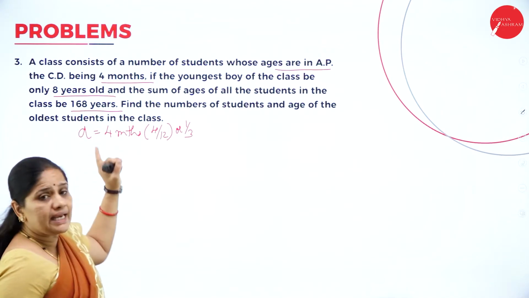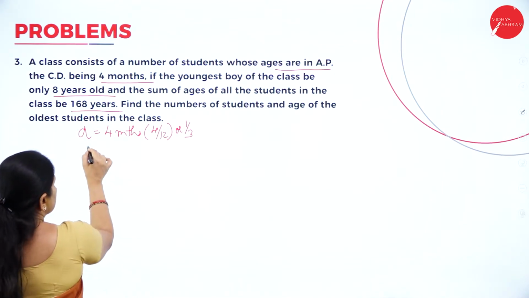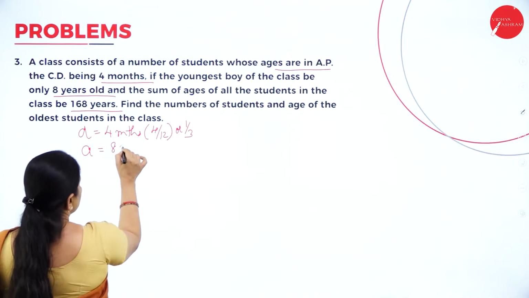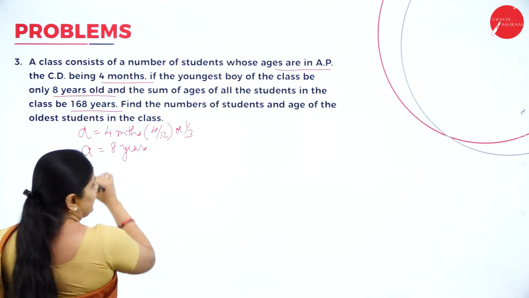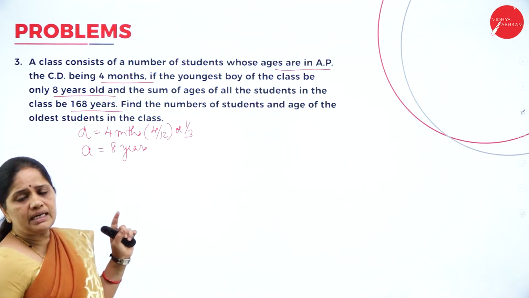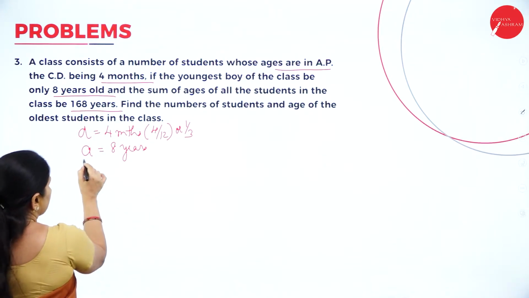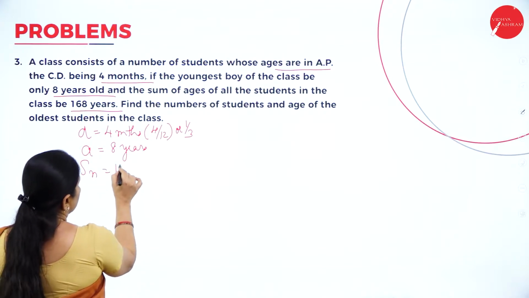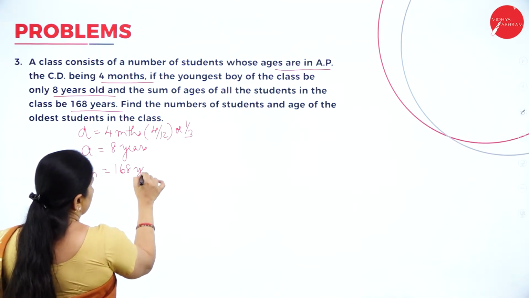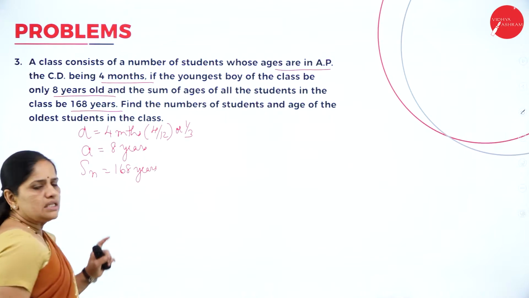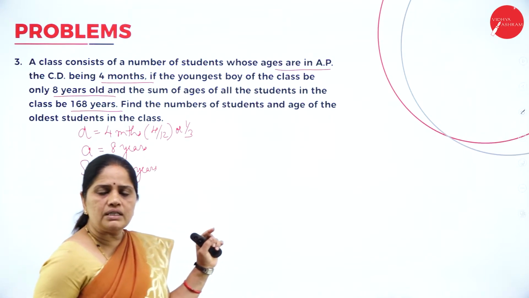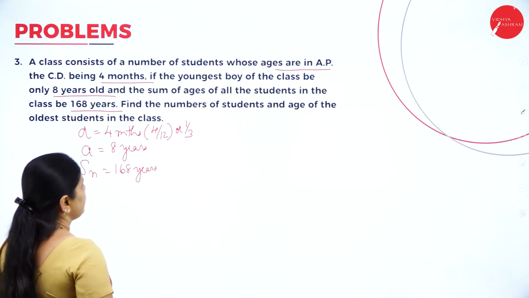Now what is the age of the youngest boy? What is A here? A equals 8 years. Then they have also given us the sum of ages of all the boys. So they have given Sn equals 168 years. So the sum total of the ages of all the boys is 168 years.